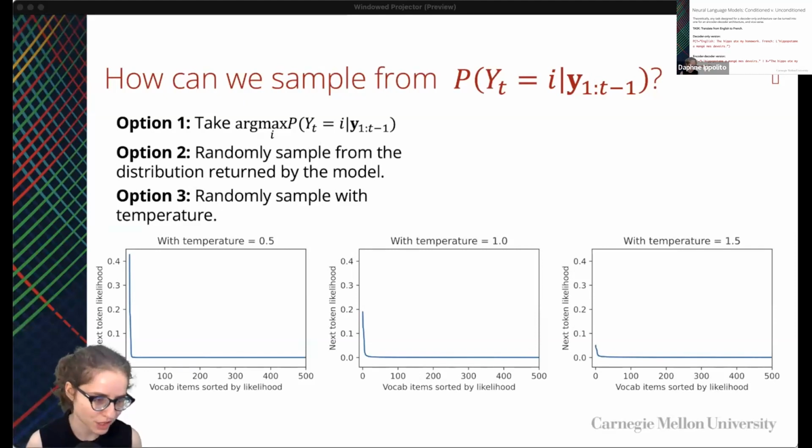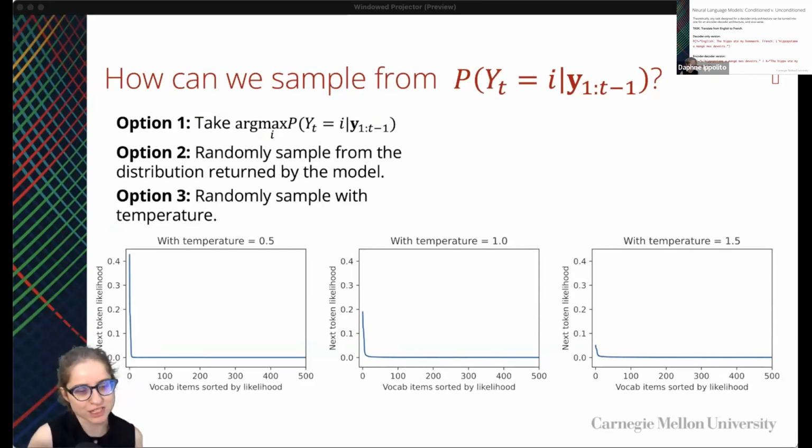Where's the temperature coming from? This is just a variable that you set. Suppose you're working with the OpenAI API, you can just set the temperature to whatever you want. If I want to generate text that's less random, I'm going to pick a temperature closer to 0. I might pick a temperature of 0.4, because that shifts more and more of the probability mass away from the low likelihood words into words that are already high likelihood.